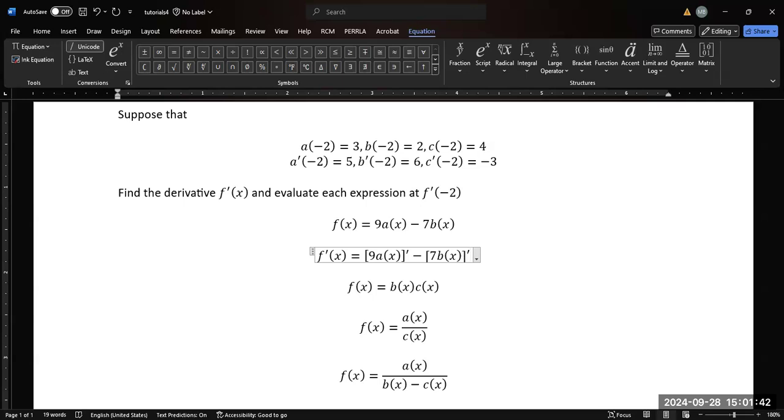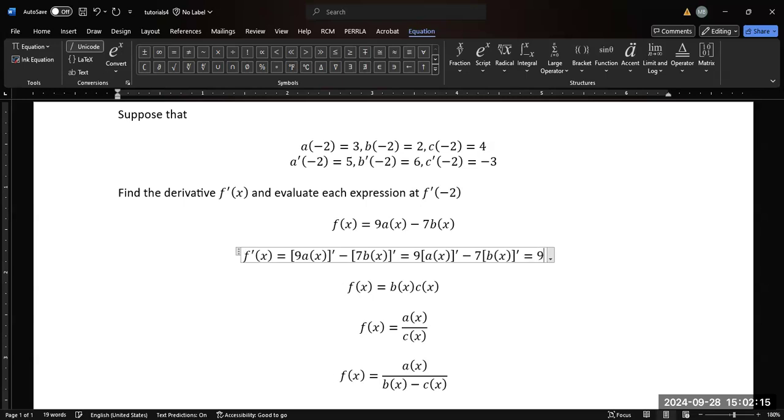And then there's another property of the derivative that says if we have the derivative of a function times a scalar, we can take the scalar out and then take the derivative of what is left. So I can take the 9 out. And now there's nothing left except to take our derivative.